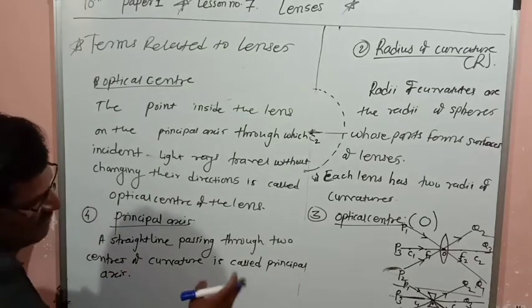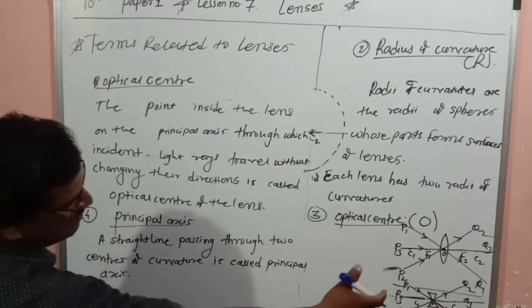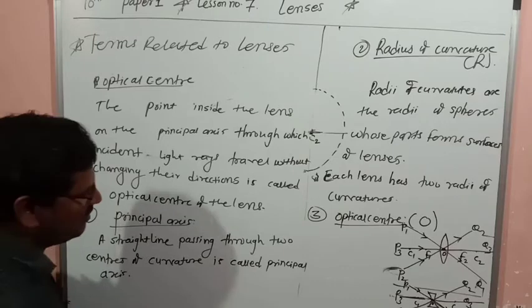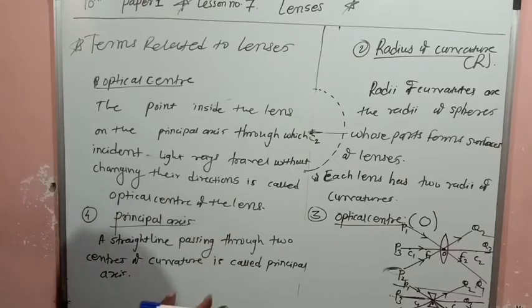And here, which is the principal axis? PQ will be the principal axis, P3, Q3 will be the principal axis.